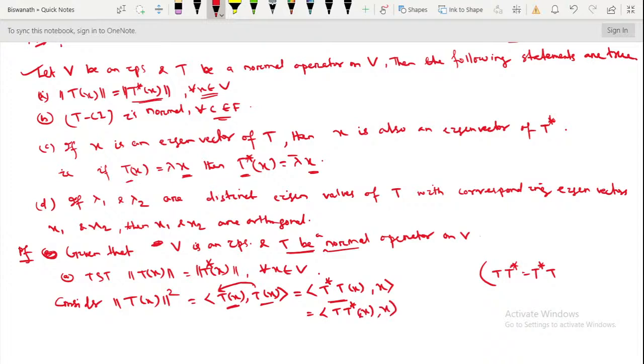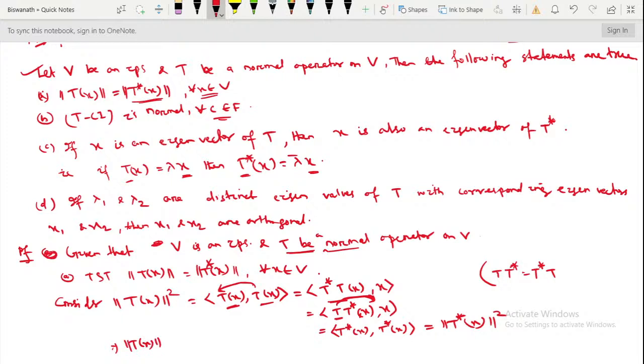Now I can take this T to the second vector. Then this will be T star x in the first vector, and this T will go to that side. Then I can write this as T star x inner product with T star x. This is your norm of T star x squared. Okay, so what did we get here?